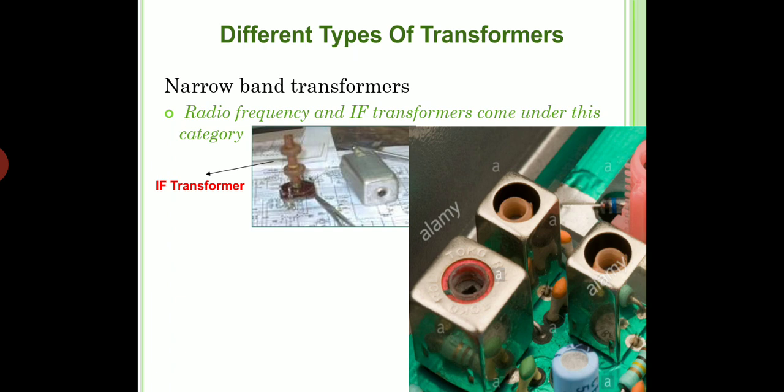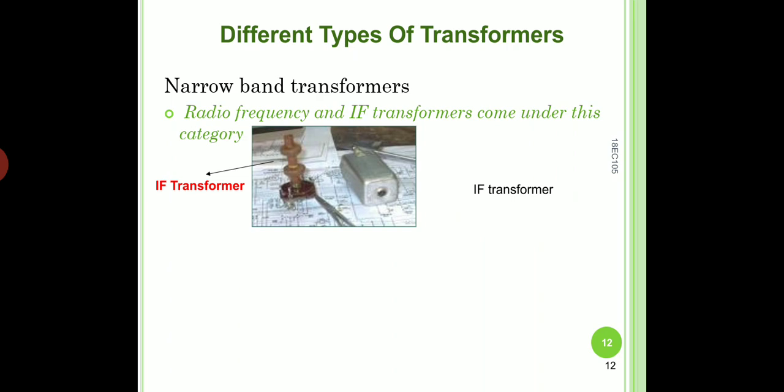From there onwards, you will have these IFTs to couple between the different stages, from stage 1 to class A, class B, class C, and then finally a power amplifier, normally a push-pull in the radio receiver, as we have seen in the previous slides as well. These IFTs used in radio receivers have a bandwidth of only 20 kilohertz, and the central frequency they work at is 455 kilohertz.